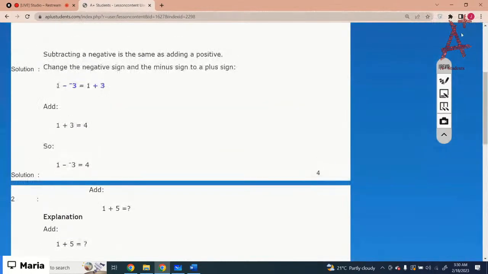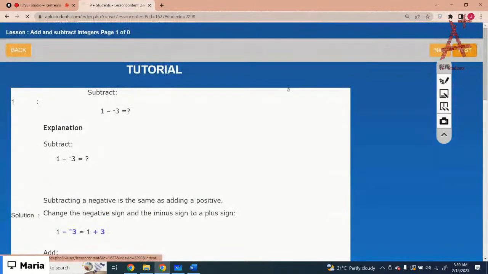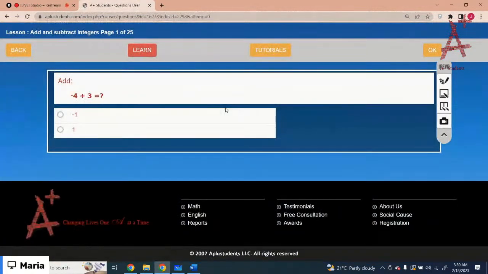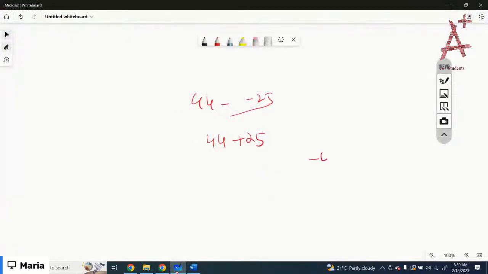Let's just start with the test questions. Negative 4 plus 3. So 4 is a greater number. Got it? 4 has a negative sign. So that means the answer must be negative. Also, if either of the numbers is negative, you have to subtract them. 4 minus 3 is 1, but 4 is greater, so you have to put the sign of the greater number.